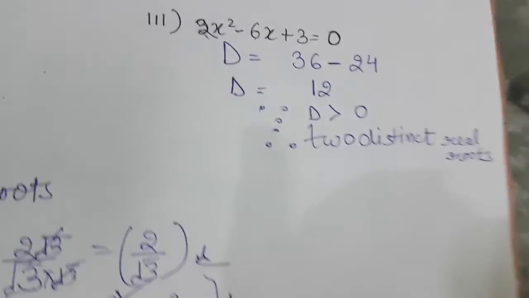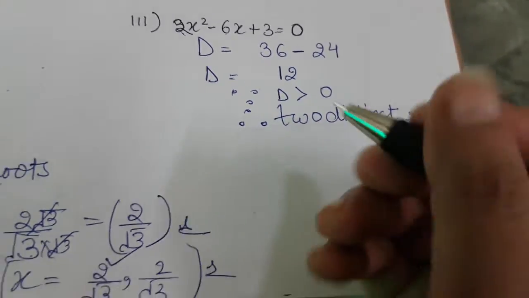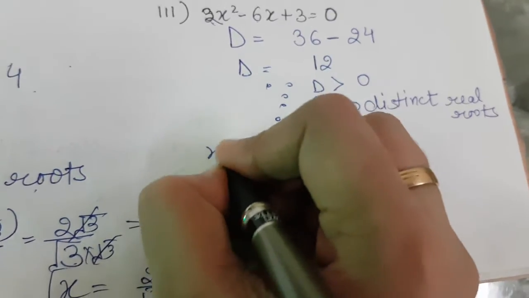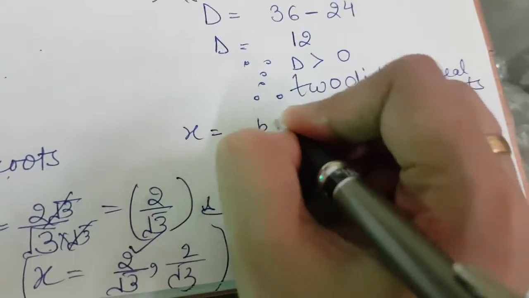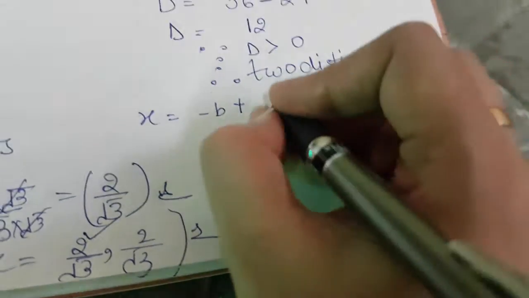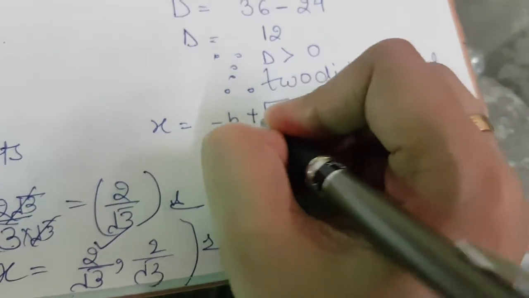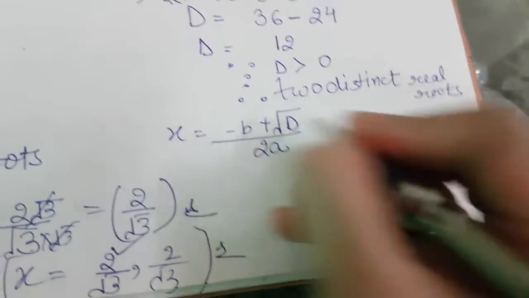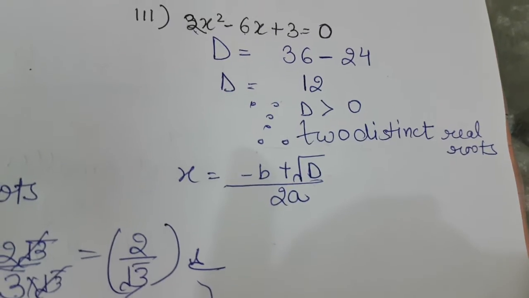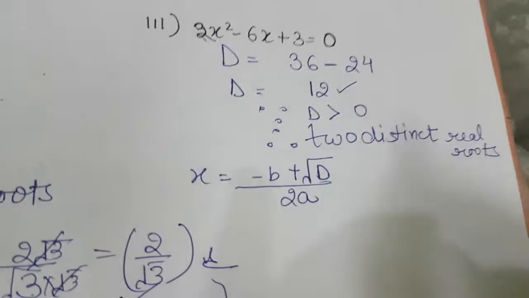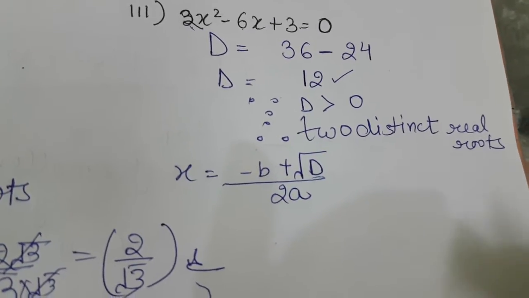Now for finding the roots, we will apply the quadratic formula here. So x is equal to minus b plus, first I am taking plus, root D upon 2a. In place of b square minus 4ac, we can write D also, because D value we have already found out, so no need to find it again.